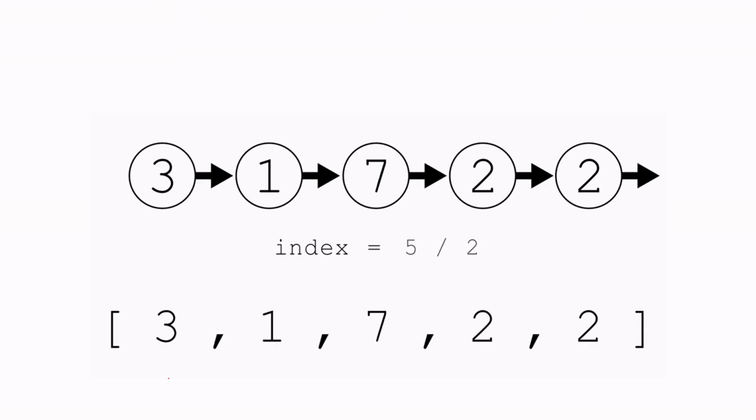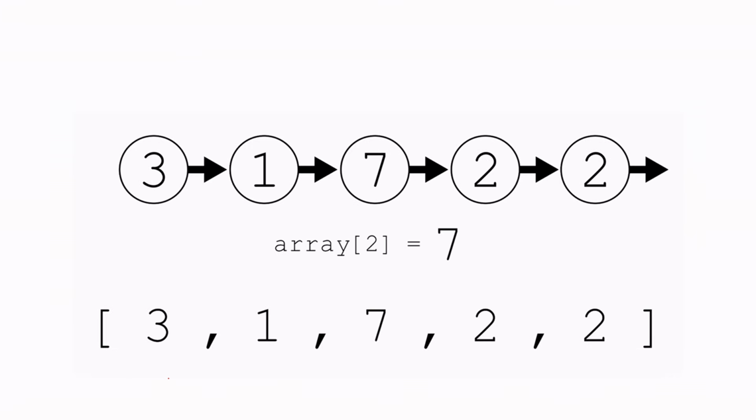The size is 5, so the middle index is 5 by 2, that is 2, and array at index 2 gives us 7.